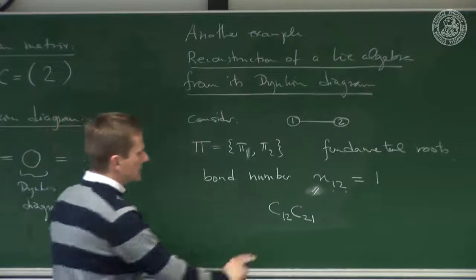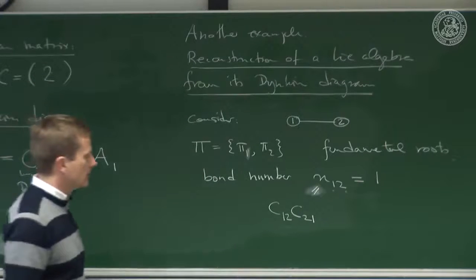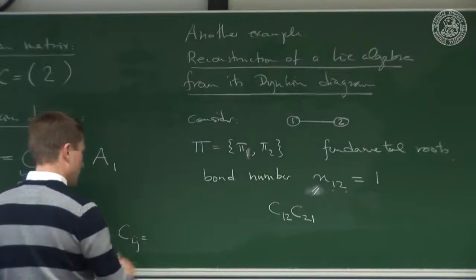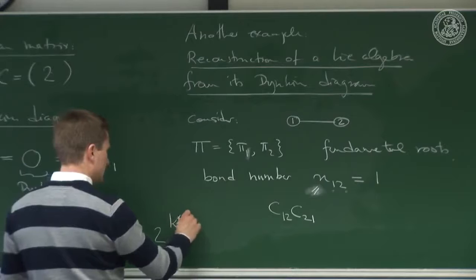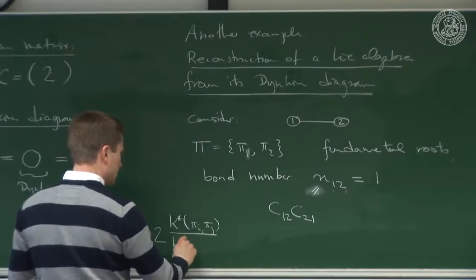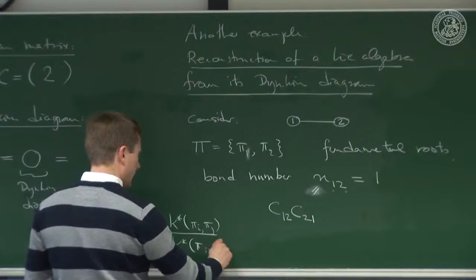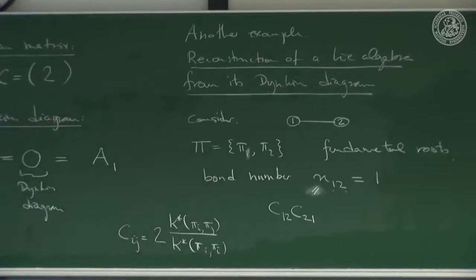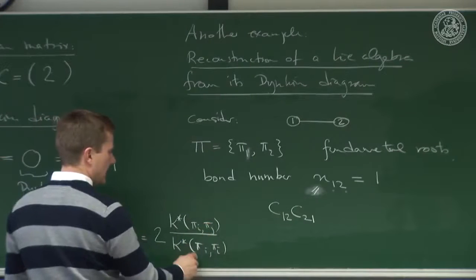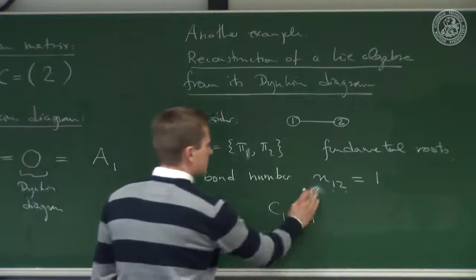And be careful, the Cartan matrix entries, they're not symmetric, because Cij was 2 times K star of pi_i pi_j by K star of pi_i pi_i. You see it's linear here in the j, but the pi_i appears 3 times, so it's definitely not linear.